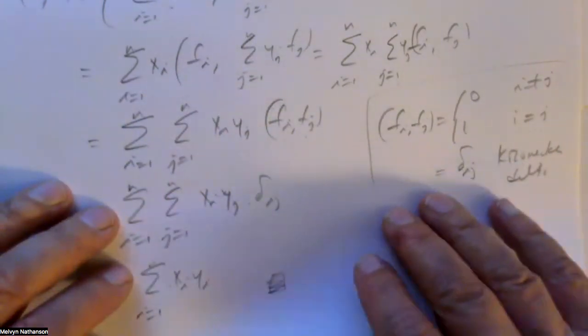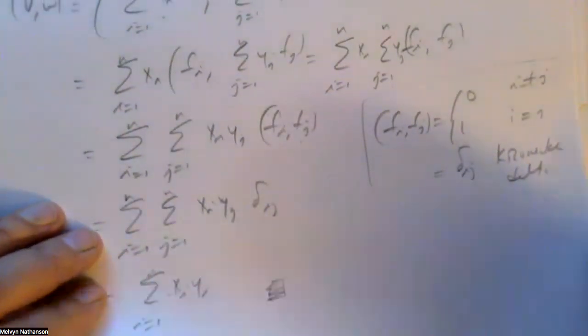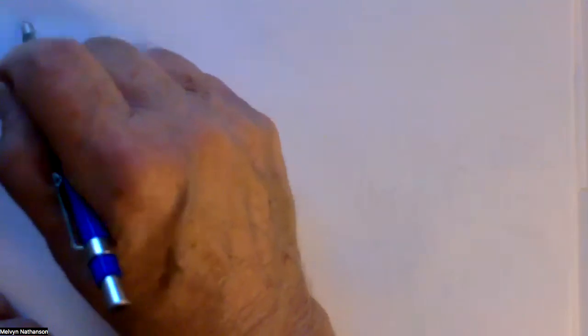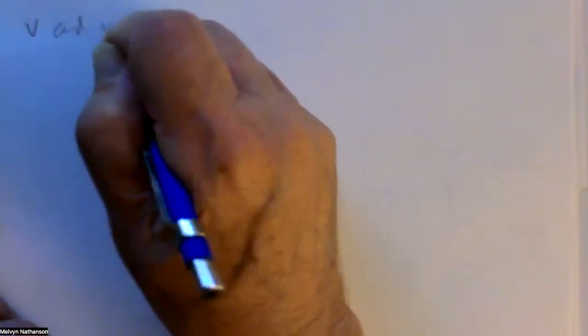And there's one other extremely important use of the inner product. And again, if you've taken Calc 3 or elementary physics, you're familiar with this idea. So suppose you have vectors v and w.